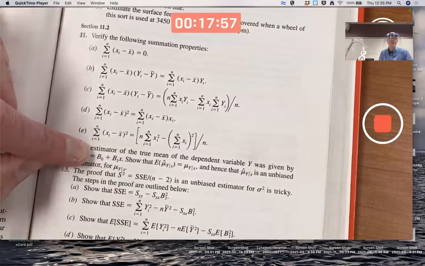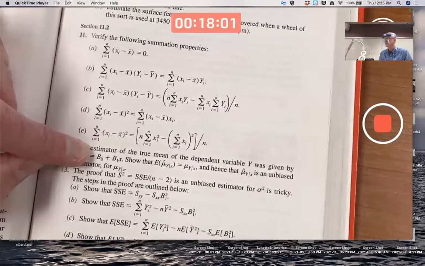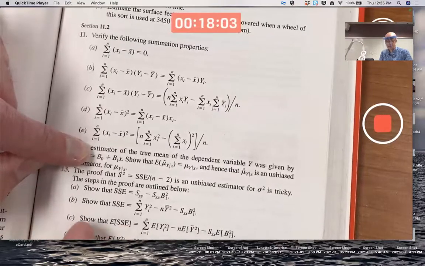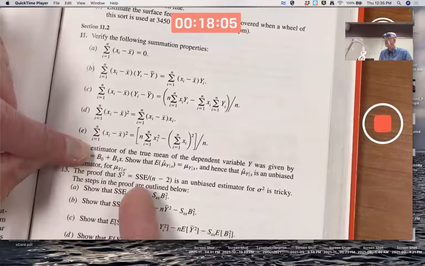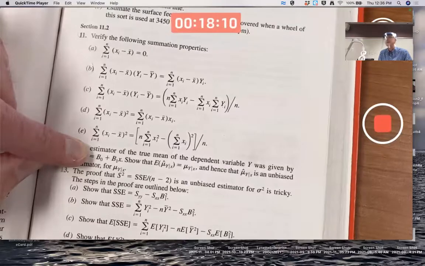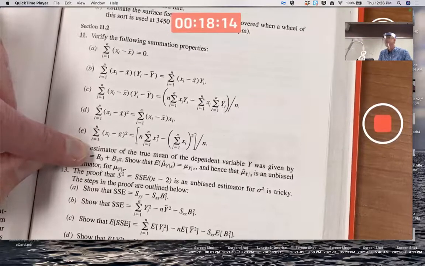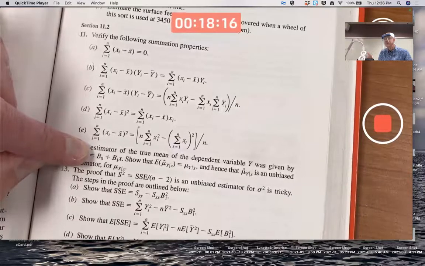But they have distributions that can be described, and that's part of the main point of the second section of chapter 11: what are the distributions of these statistics, b0 and b1. Under the assumptions that we make, they end up being normal for one thing, with a certain mean and a certain variance. Surprise, surprise, normal. That's good. That's why we make the assumptions that we do.